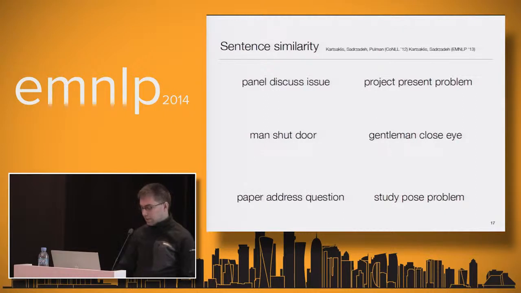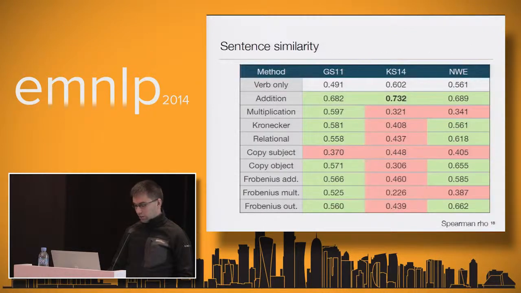Okay, so the sentence similarity. Here you're already given sentences, and you need to say how similar they are, and again, try to correlate with human judgments. Here the story is a little bit different. First of all, the verbs are already different, and verbs carry quite a lot of meaning, so that's why the baseline is giving much higher results.